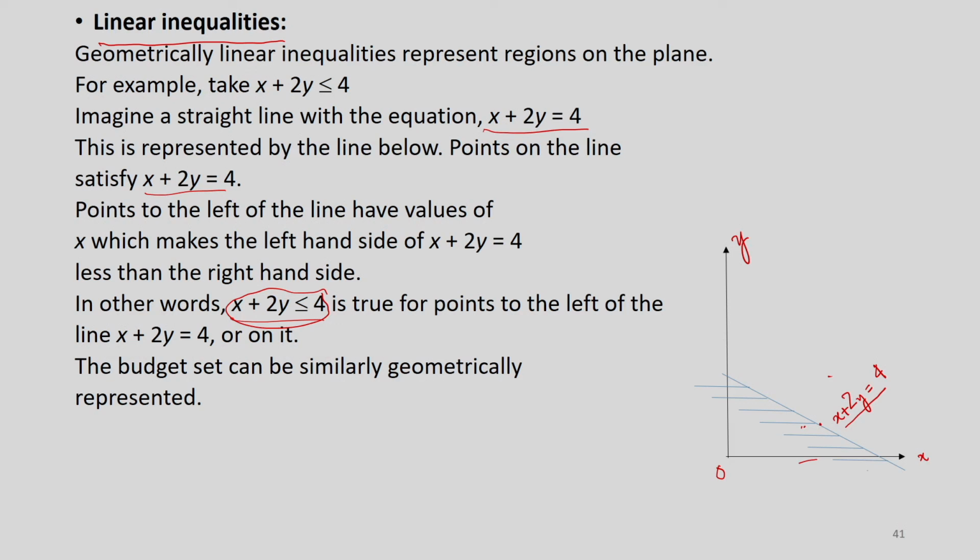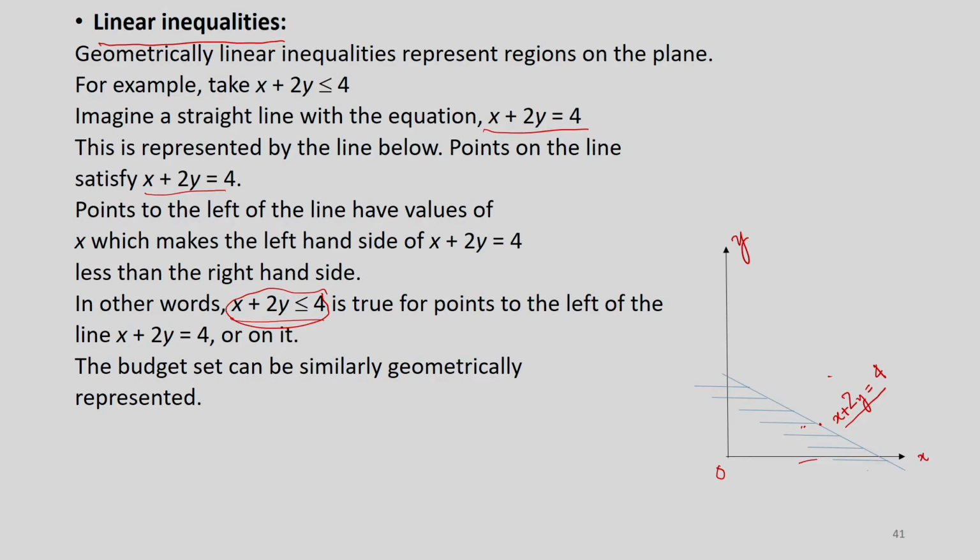So, an example from economics is the budget set, which can be similarly represented geometrically. Okay, remember I talked about the budget set in a previous lecture. Now I am saying that the budget set can be geometrically represented like this. So, let me take you through what I mean by that.